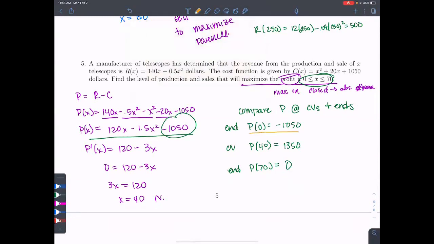Their profit when they've sold nothing is negative because they had some cost in doing that. They maximize their profit at 40 units sold. So they maximize profit when they produce and sell 40 units.